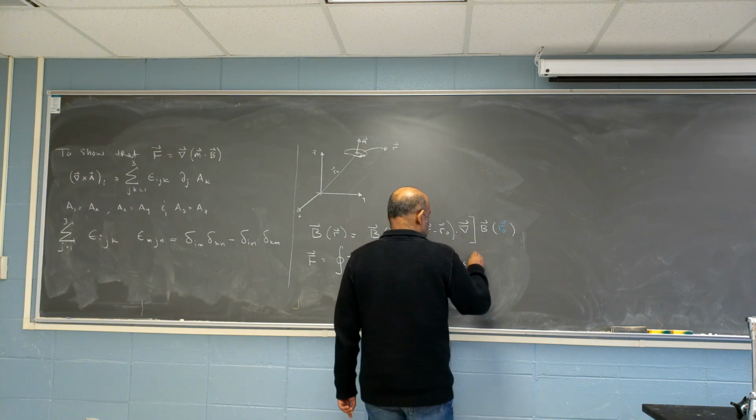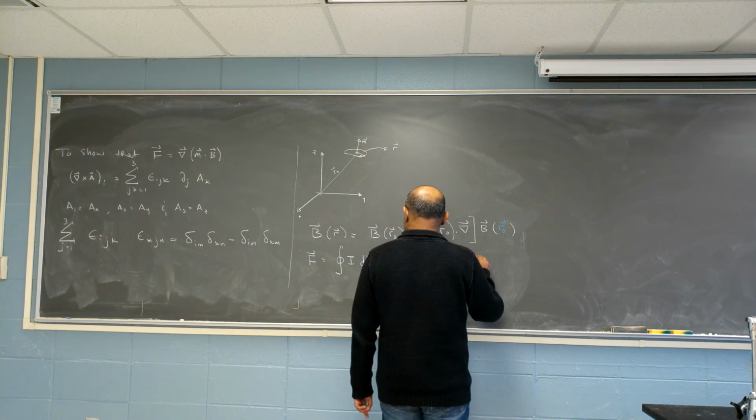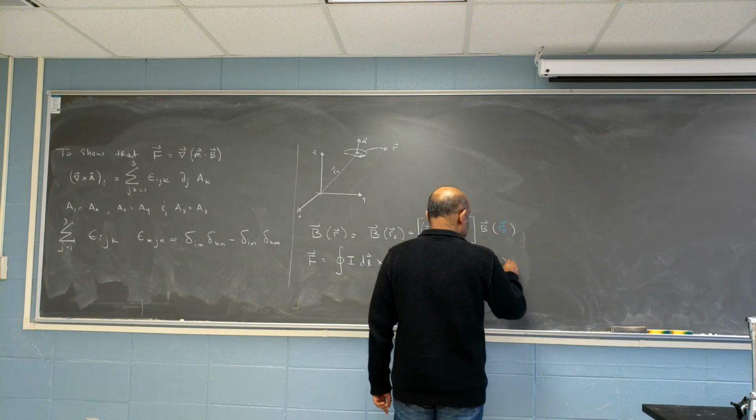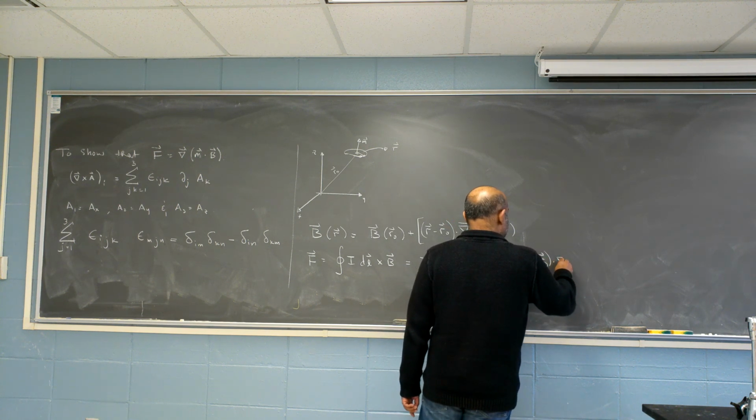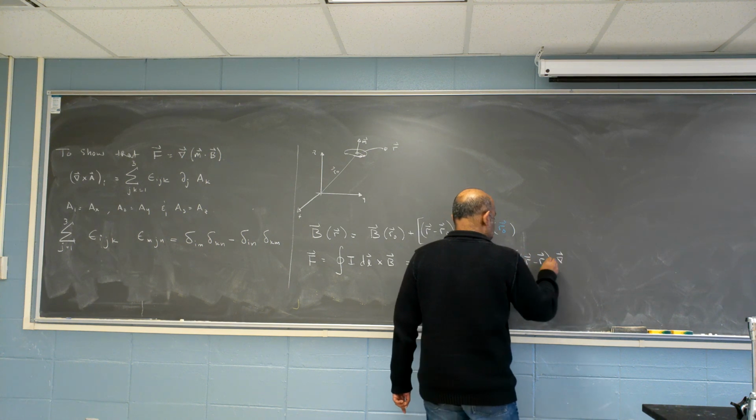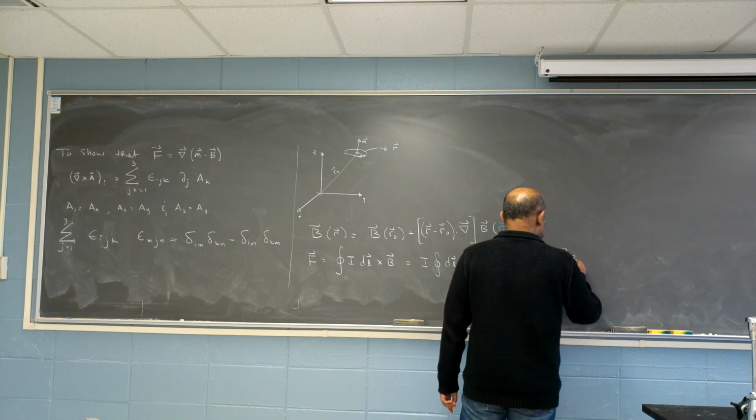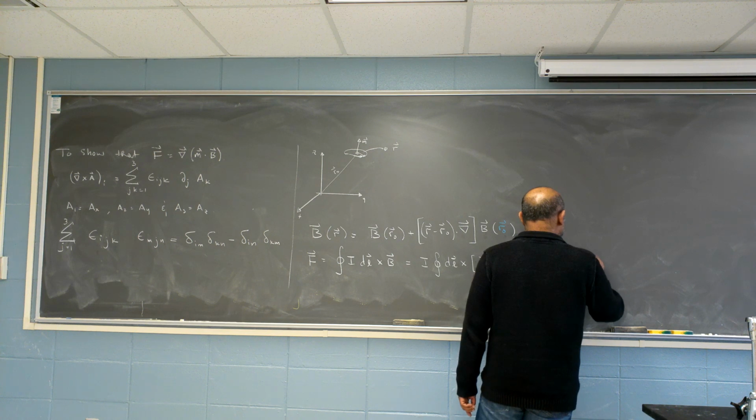Let me put this in for the first go round, and that's where we were last time: (r minus r0) dot gradient B of r0.